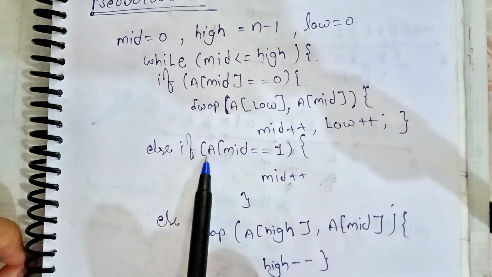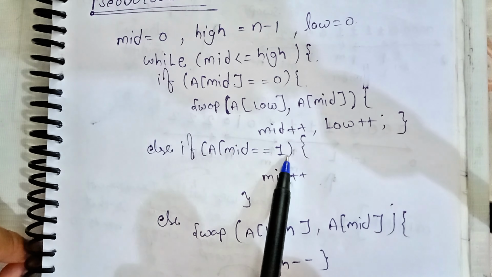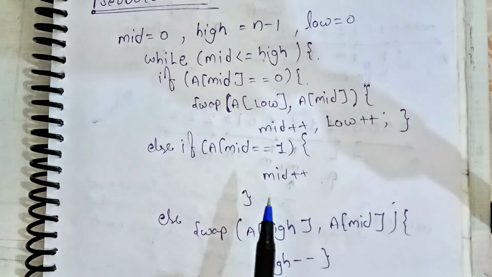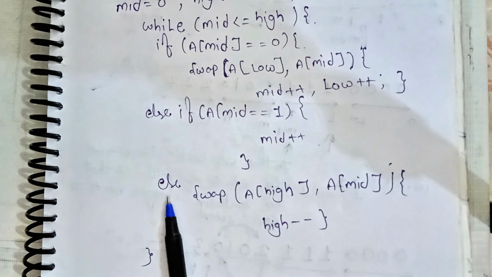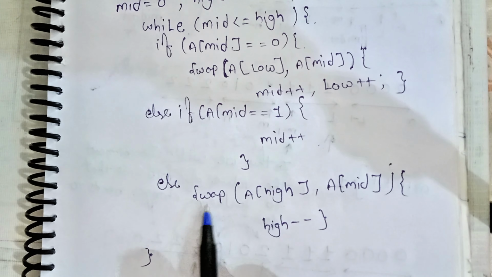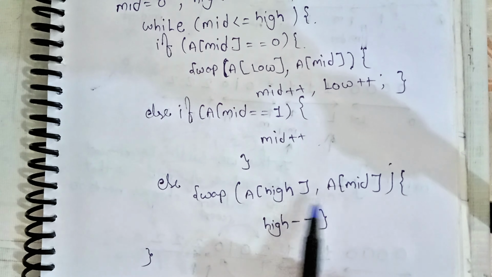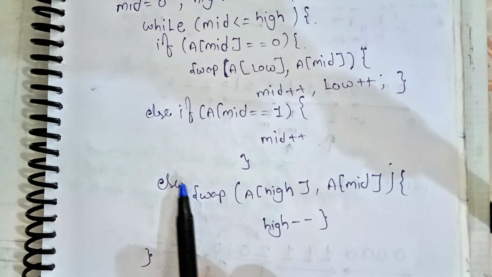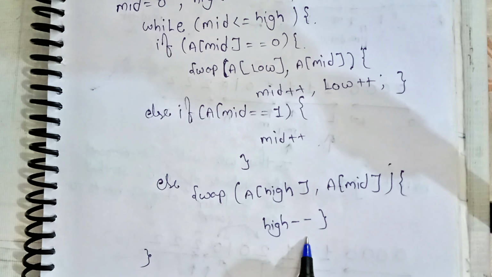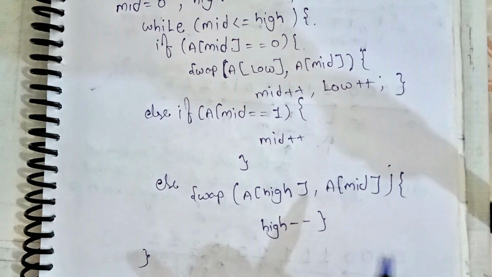In this we have mid value equal to 1. If mid has value 1, then we will only increment mid. The third condition is for 2: we swap the values a of high and a of mid, and here we decrement high.